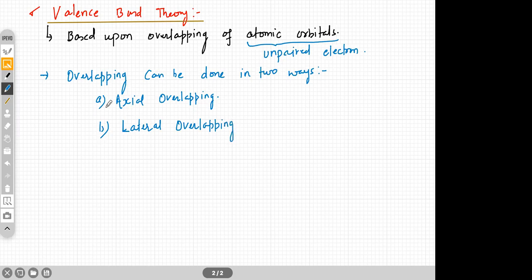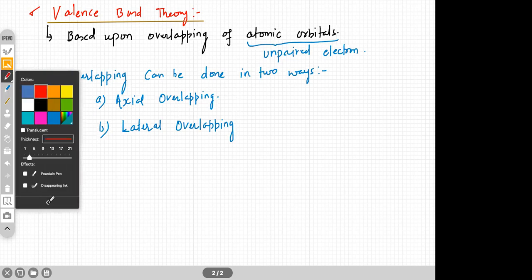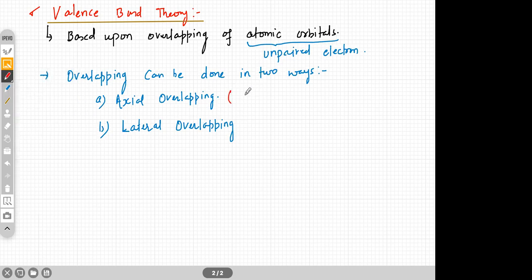Axial overlapping, we also call it head-on overlapping, and lateral is also known as sideways. Okay, so first we'll see what is axial overlapping.